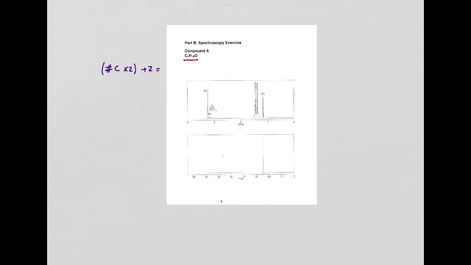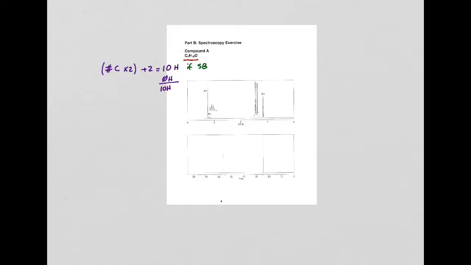Don't do math in your head, use a calculator. Okay, so I have 10 hydrogen if I had nothing but single bonds. Now over here, I also have only 10 hydrogen, so there's no hydrogen that I have to subtract for, so the formula also has 10 hydrogen.